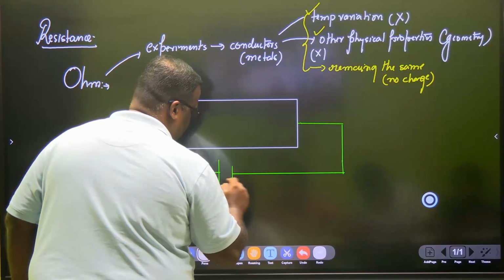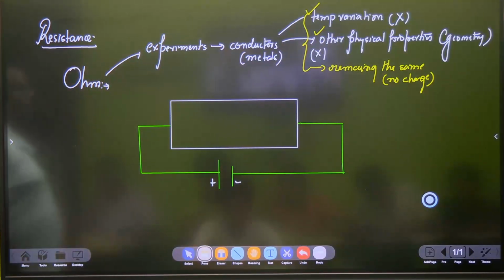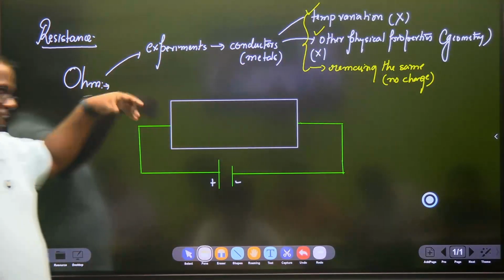This is plus and this is minus. First understand, then your definitions become easy.